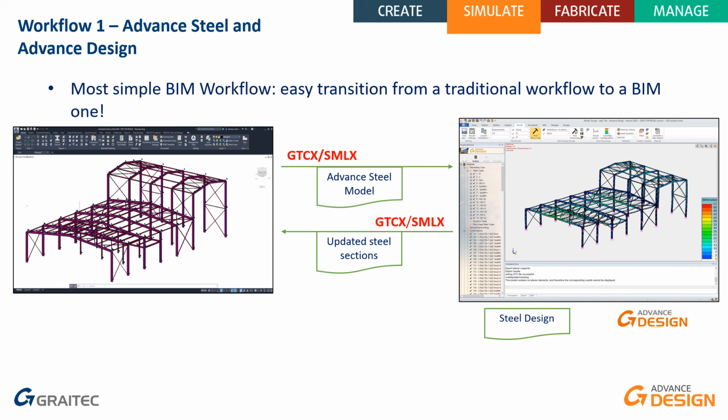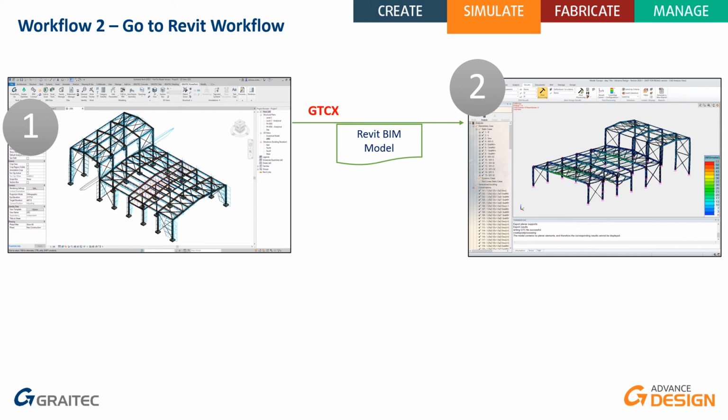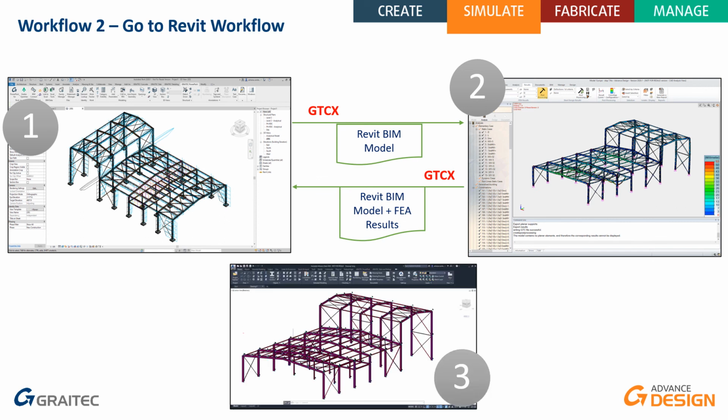back to Advanced Steel. Another workflow is to place Revit in the loop, meaning we can have a steel project inside Revit, export it to Advanced Design, bring back the result into Revit, and we can have some transversal exportation between Revit and Advanced Steel, or link between Advanced Design and Advanced Steel.